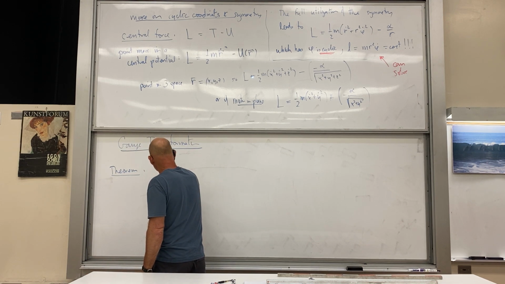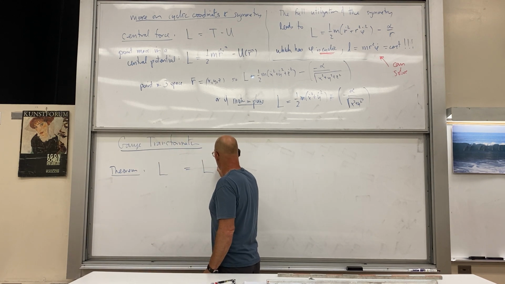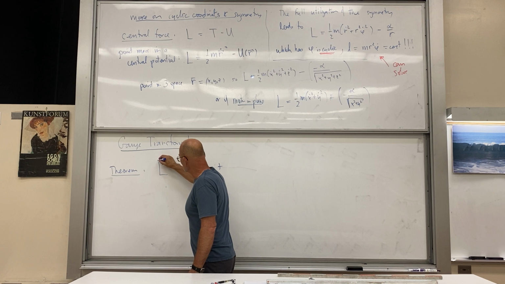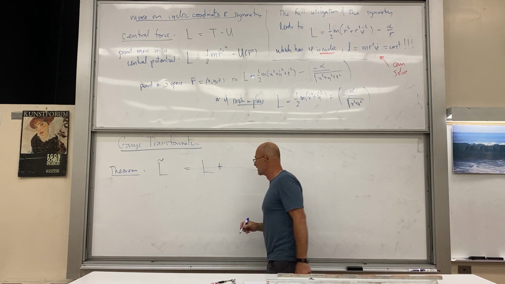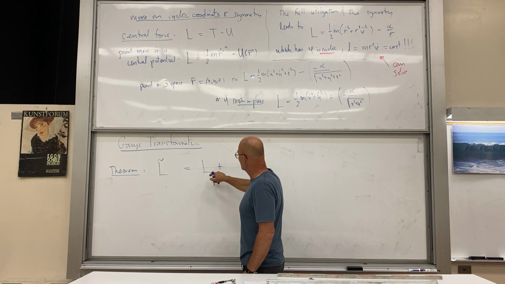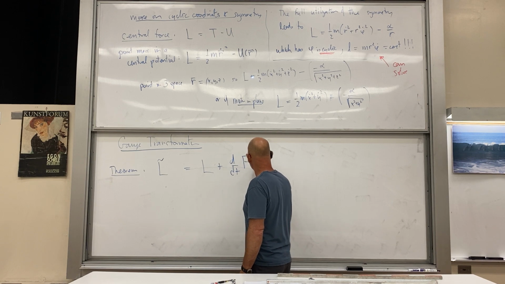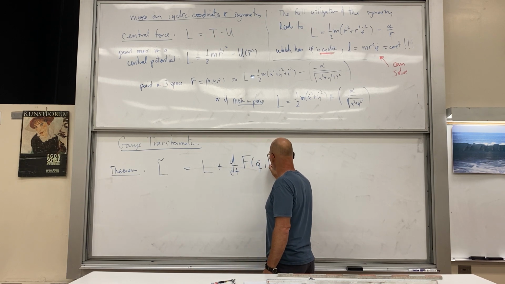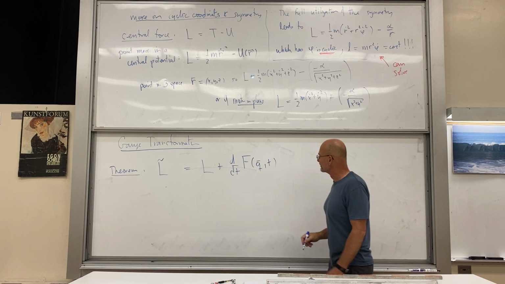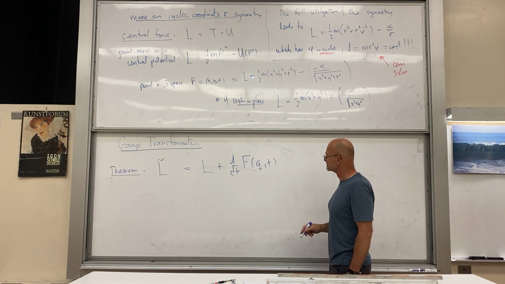Suppose you have a Lagrangian, and I'm going to name this L tilde. So L tilde is my Lagrangian plus the complete time derivative of any function of the coordinates and the time. Okay. Any function whatsoever of the coordinates and the time.